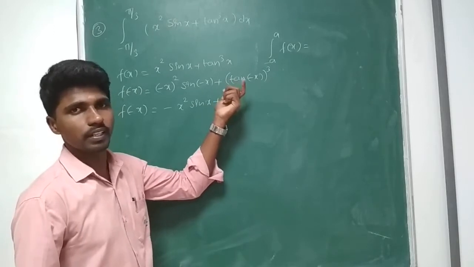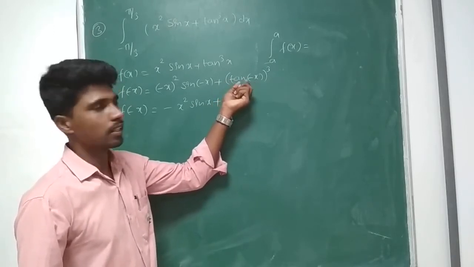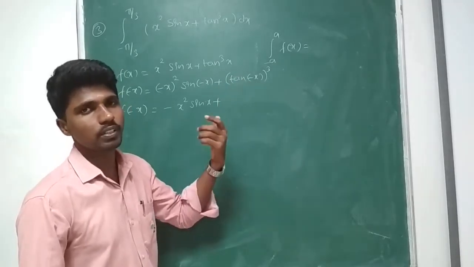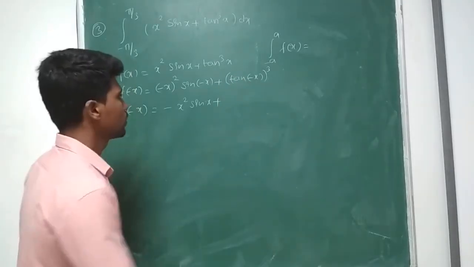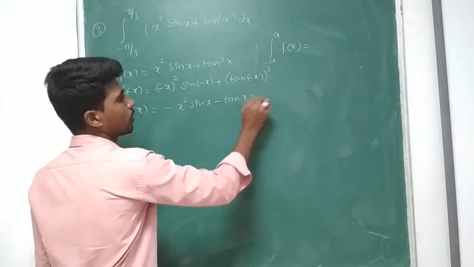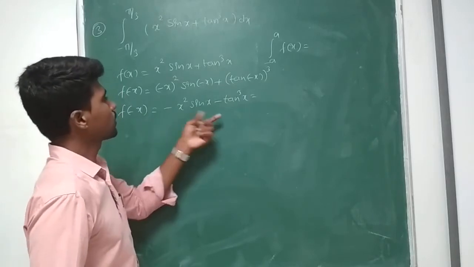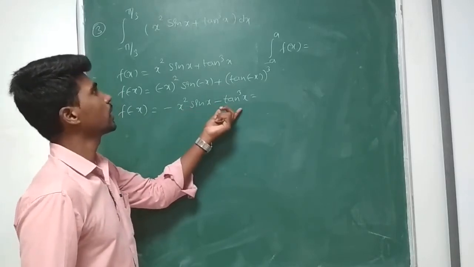Tan of minus theta is minus tan theta. So tan of minus x becomes minus tan x. Minus tan x whole power 3. 3 is odd. So I get again minus. So plus into minus, minus, which is tan cube x. Right? Power 3 is there. So if I take minus common, I get minus of (x square sin x plus tan cube x).